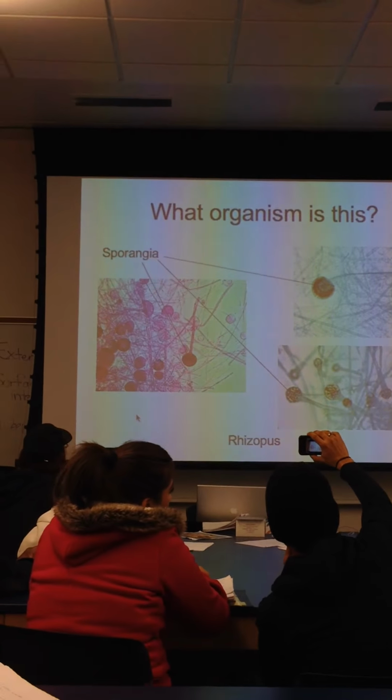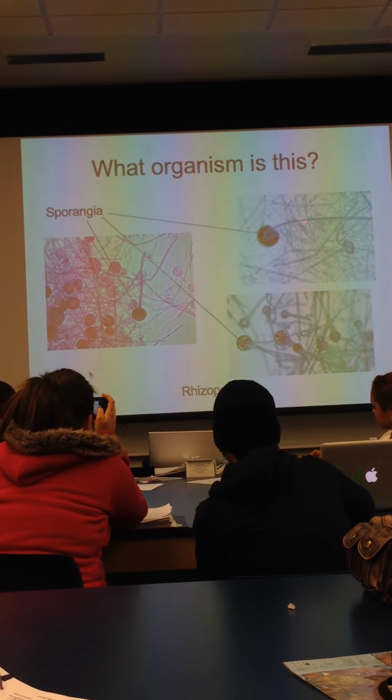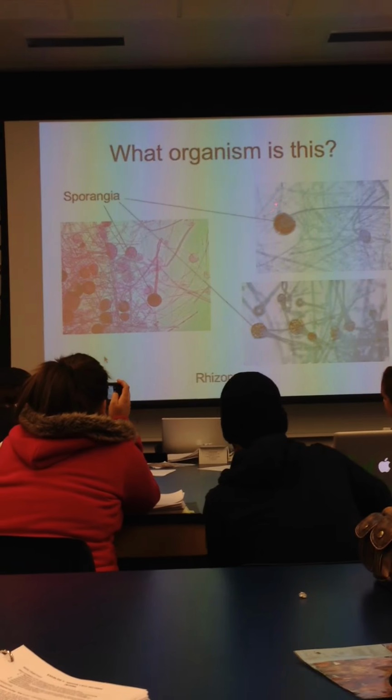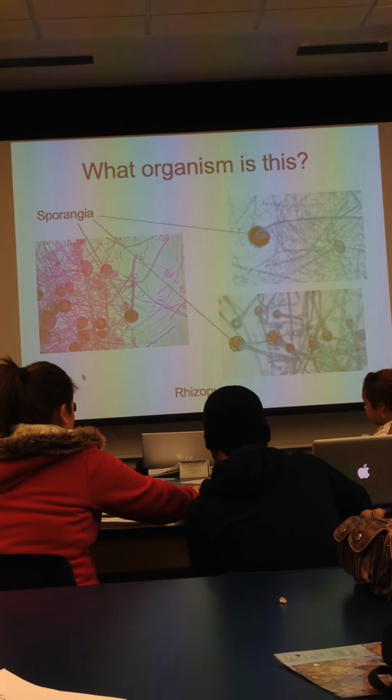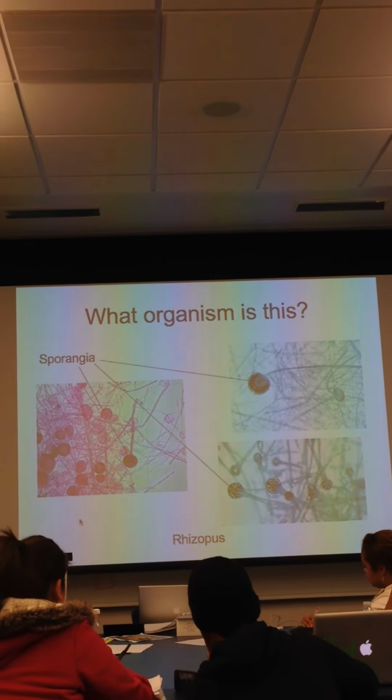Rhizopus. Okay, how do you know? Because of these big sporangia. Okay, all these strands here are the hyphae, and these circle-like balls are the sporangia. Okay.